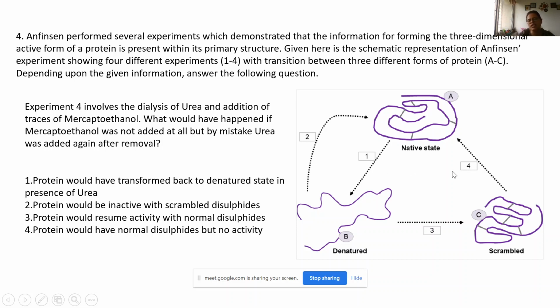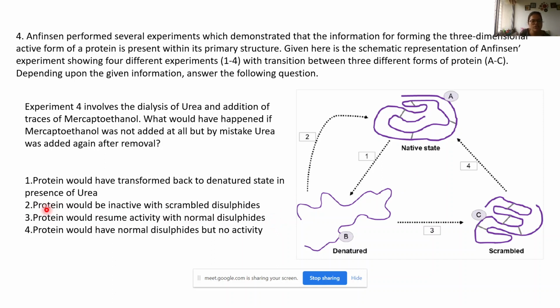So if urea is already added, how will it go into a native state? Because to go in the native state, you need to remove the denaturant, which is urea. So protein would resume activity with normal disulfide is not correct.